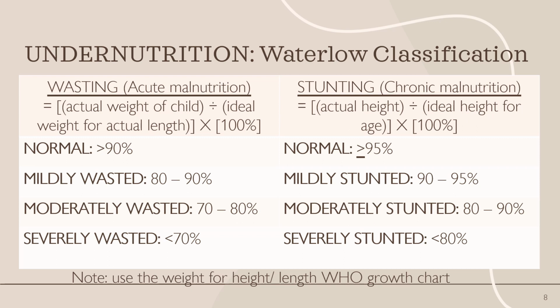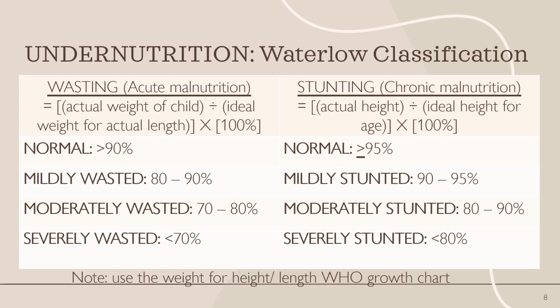So you divide the actual weight divided by the ideal weight times 100, you're going to get a percent. And depending on the value you get, these are the interpretations. So normal is above 90, mild wasting is 80 to 90%, moderate is 70 to 80, and then less than 70 is severely wasted.